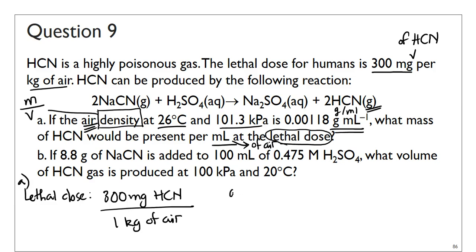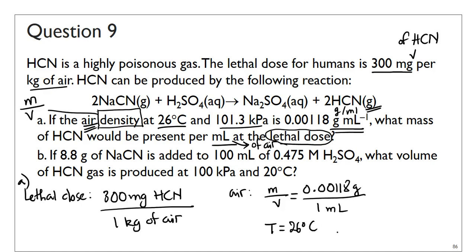So I know for air, the mass per volume ratio of air is 0.00118 grams for every milliliter of air. You know that the temperature is 26 Celsius degree, and you know that the pressure is 101.3 kilopascal.